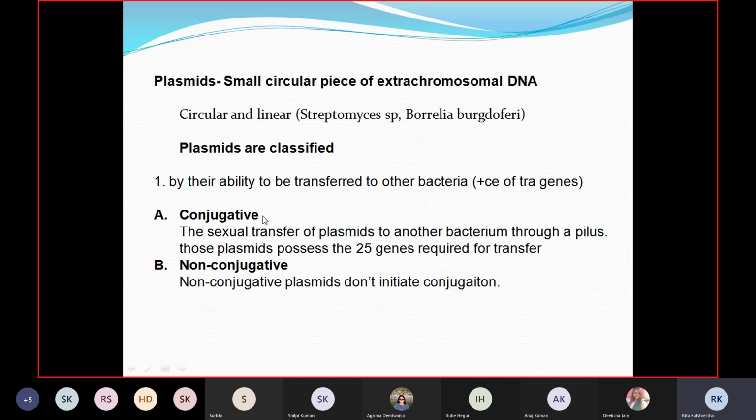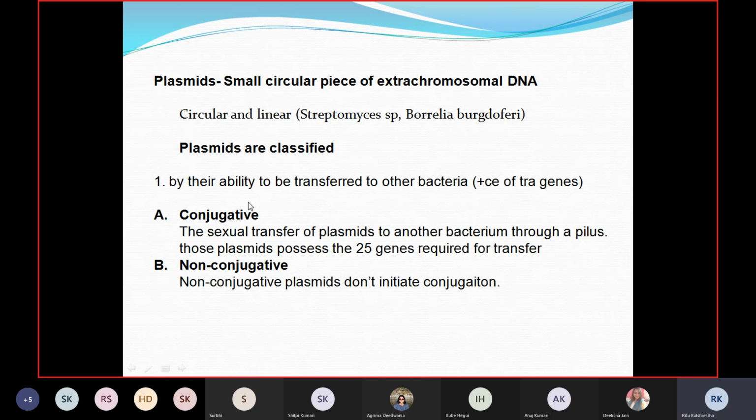There are various ways by which plasmids can be classified. I'll rush through the basic introduction to plasmids, mainly because you have already been exposed to what plasmids are and their properties in microbiology class.